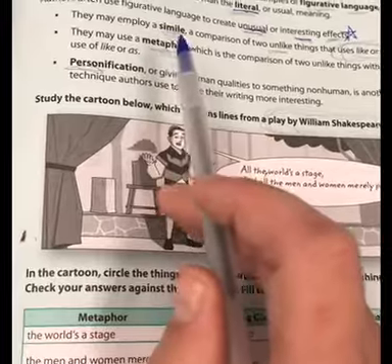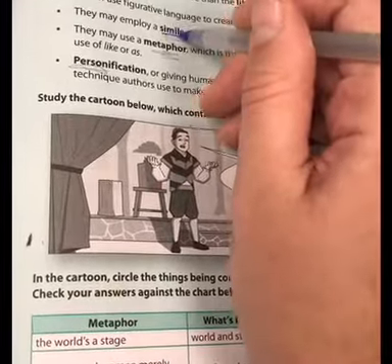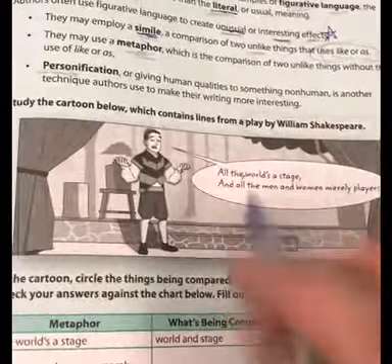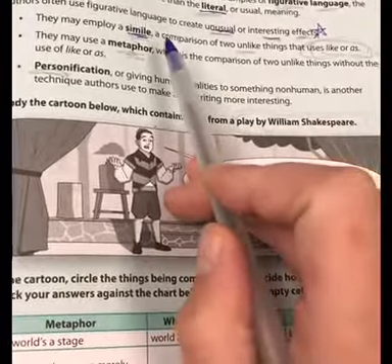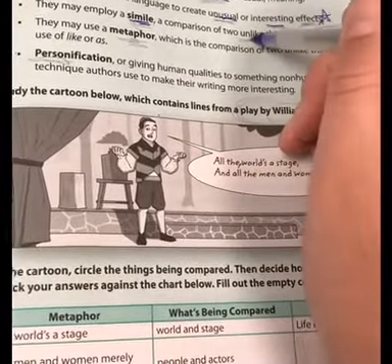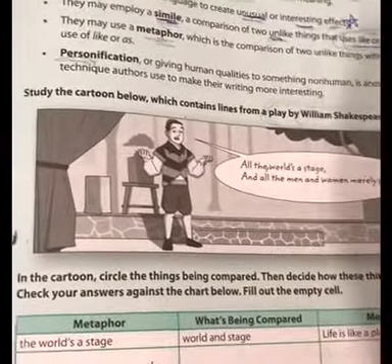Now, here are the 3 examples that this lesson is going to focus on. First one is simile. And most of you, based on what I've heard from you this year, are familiar with what a simile is. And just as a refresher, a simile is a comparison of 2 unlike things that uses like or as. This is your key here.